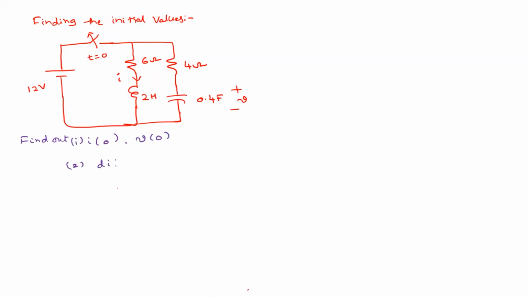Second, di(0 plus)/dt and dv(0 plus)/dt. This is all at 0 plus: I(0 plus), v(0 plus), di(0 plus)/dt, dv(0 plus)/dt. And the third one is I at infinite and v at infinite. So these are the things we need to find out.